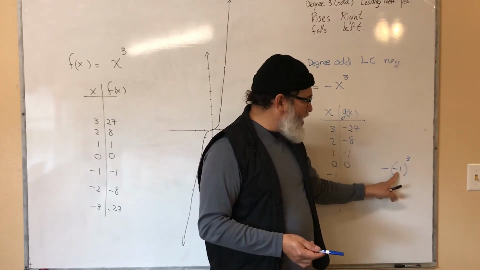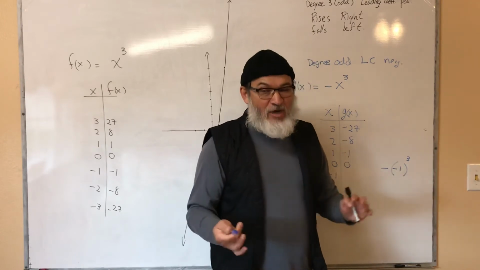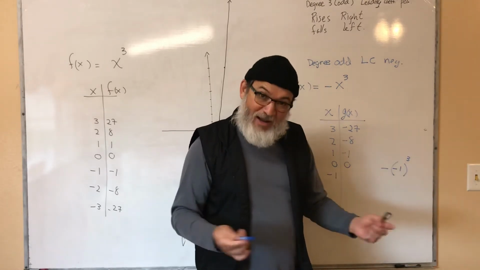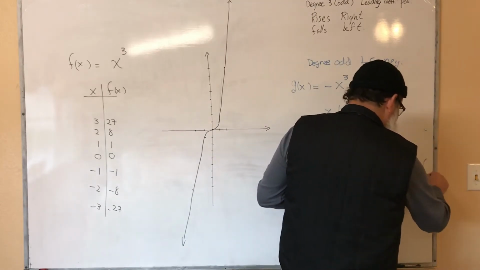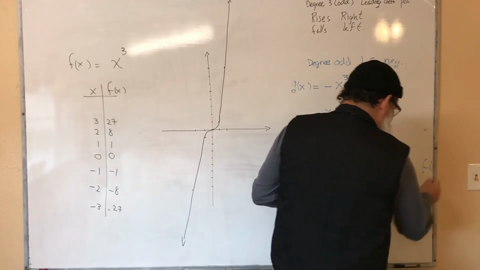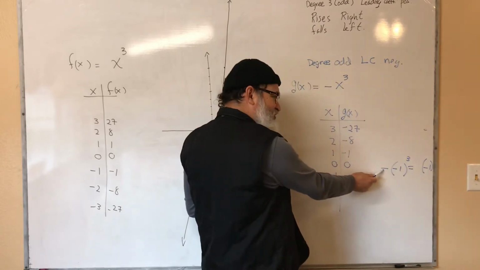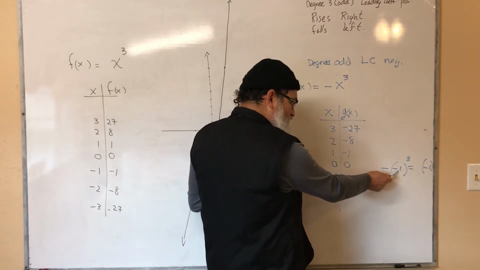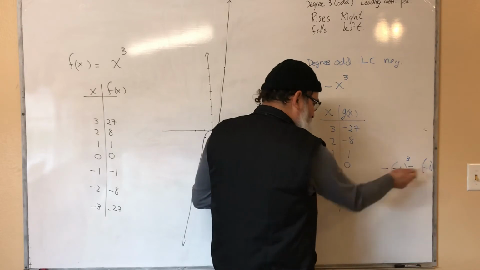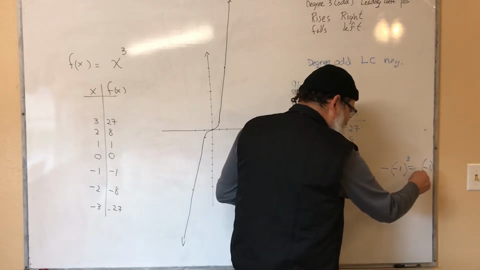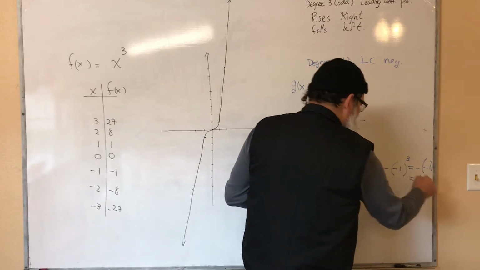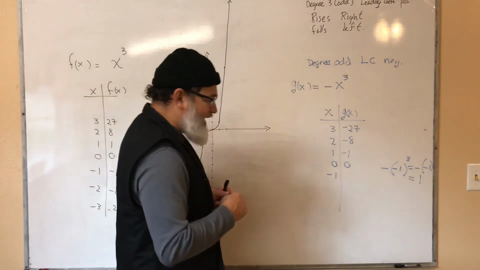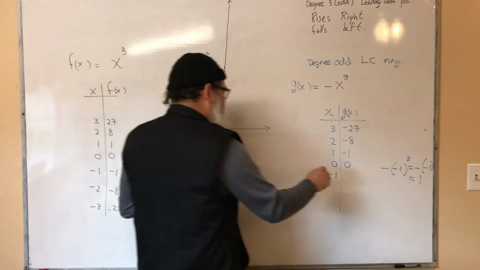Negative 1 cubed is negative 1. But then there's this negative right in front of it. Let's not forget about this negative there. And what's a negative times a negative? 1. So when x is negative 1, we get 1.